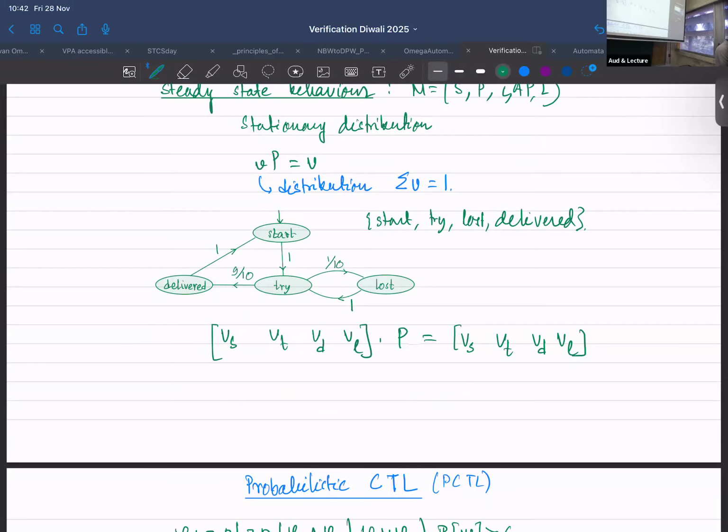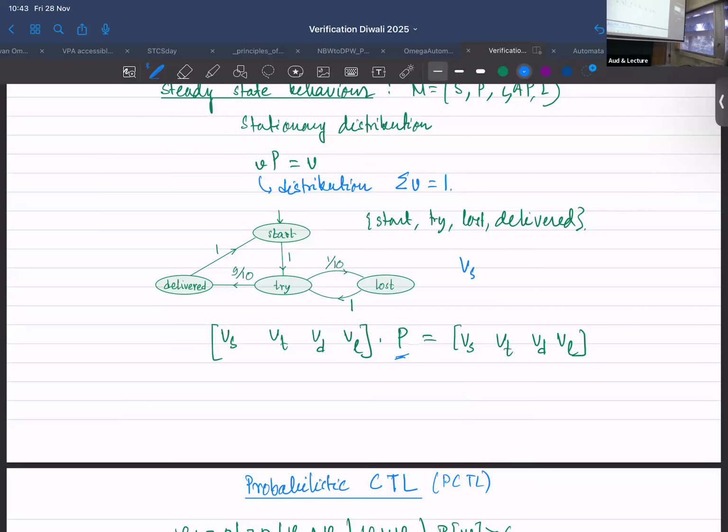Now, if you talk about the steady state behavior, how are you going to write the corresponding equations? How am I going to get this? Can you tell me what the P will be? You can get it from here directly.